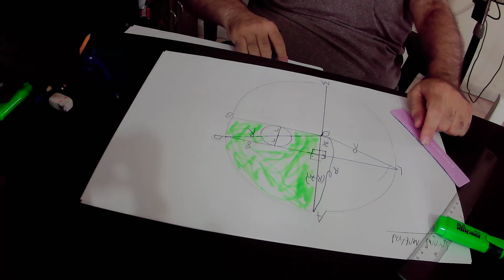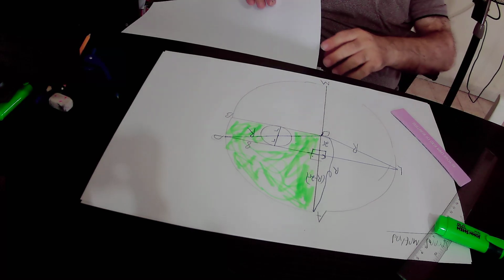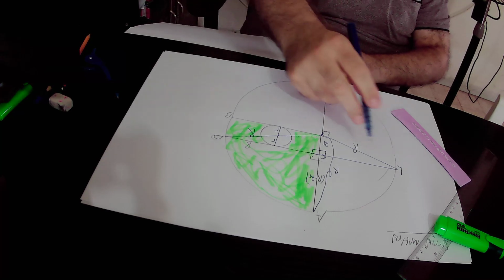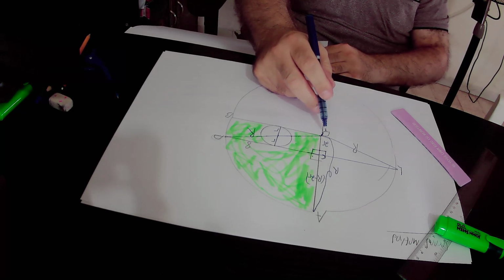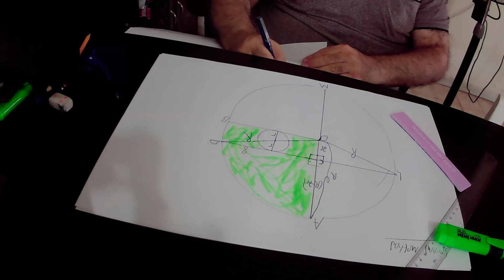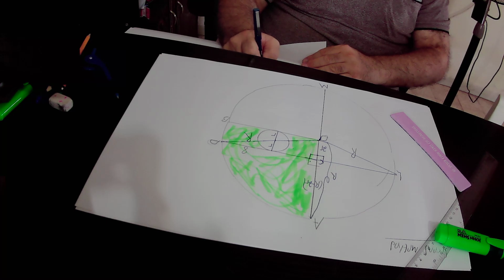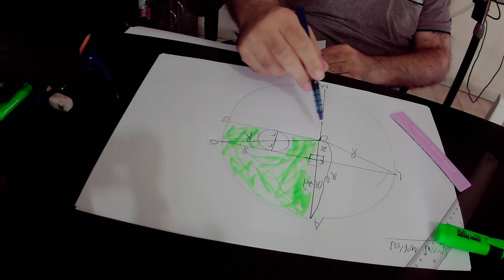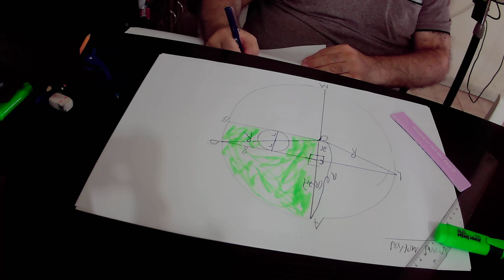So I write it down. We'll prove that the right triangle LCO is congruent to the right triangle COD, this right triangle.